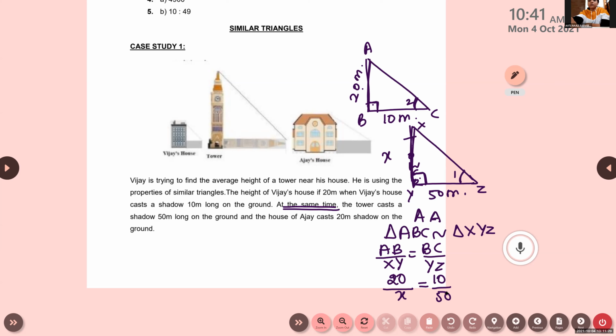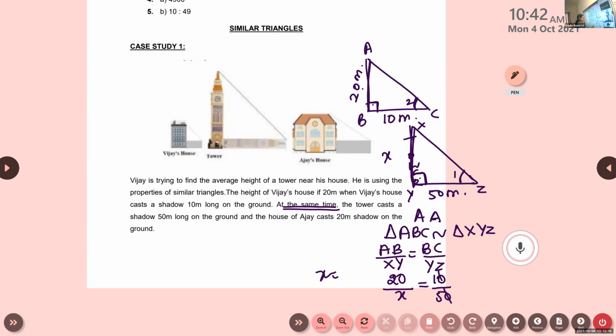Height of the tower. Yes, we have to simplify. 100?